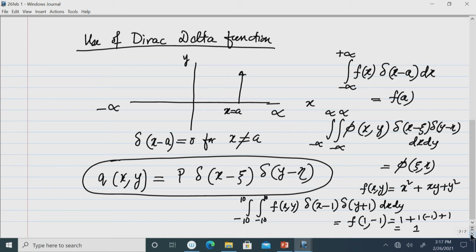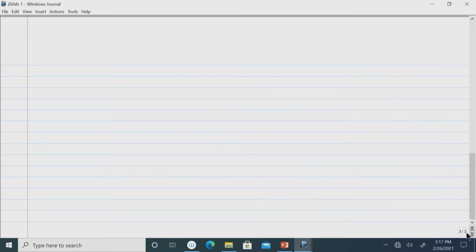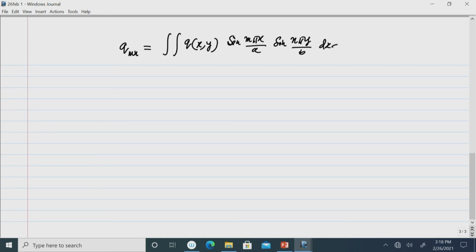So, if I use this in the evaluation of QMN in the plate problem. So, QMN is defined as the double integration of q(x,y) sin m pi x by a sin n pi y by b dx dy in the limit 0 to a and 0 to b.